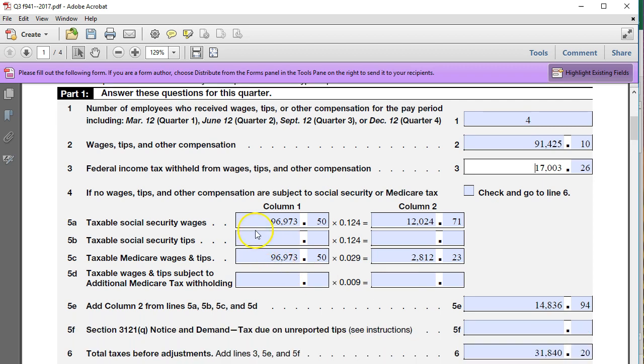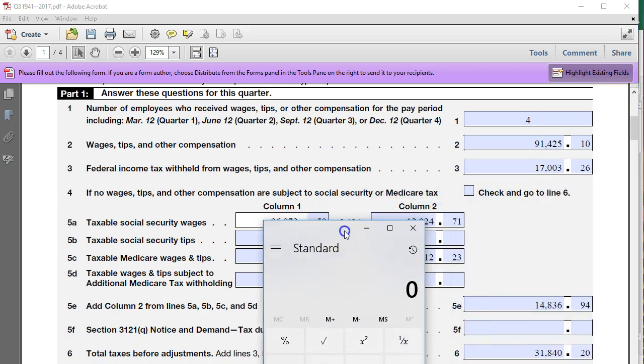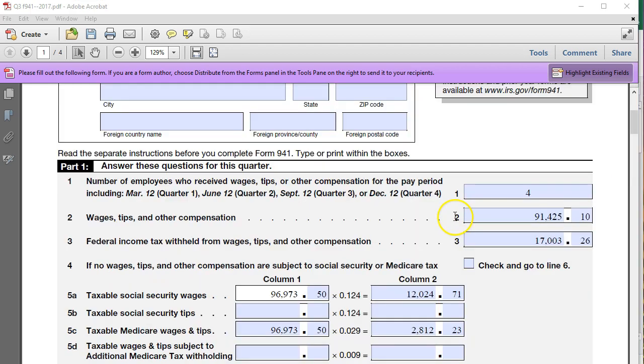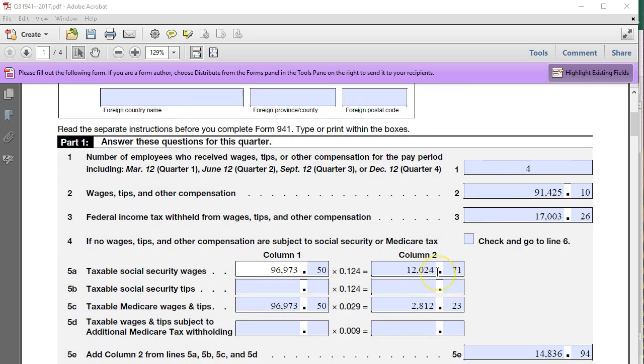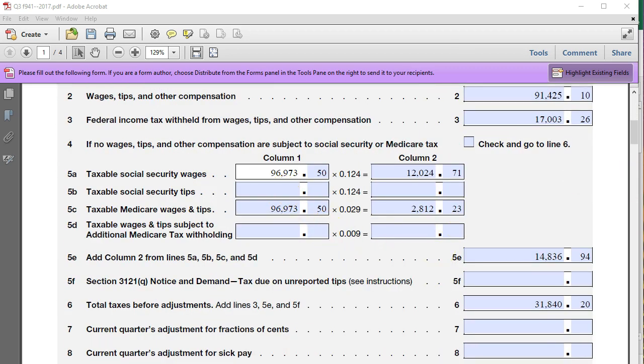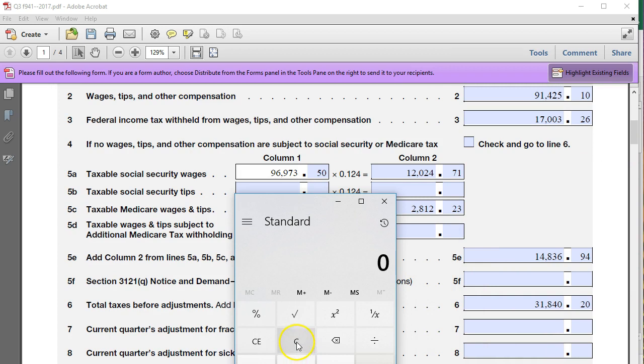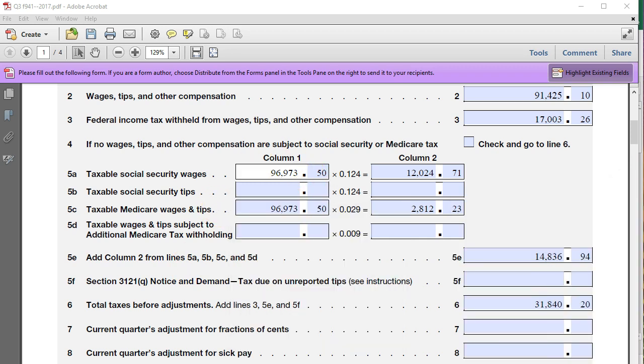So then if we go to Social Security wages, again for the 2 time periods, we're going to say that this is the 941 for the 3rd quarter. We're going to add up the wages, so that's going to be this 96,973.5 plus, and then we'll go to the 4th quarter.